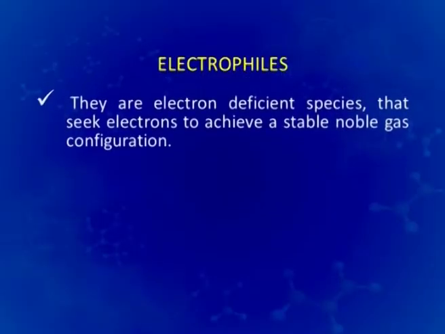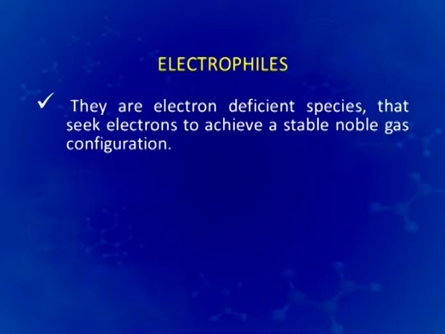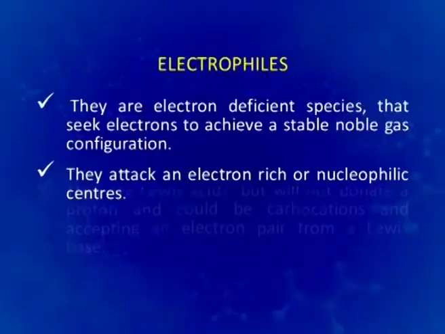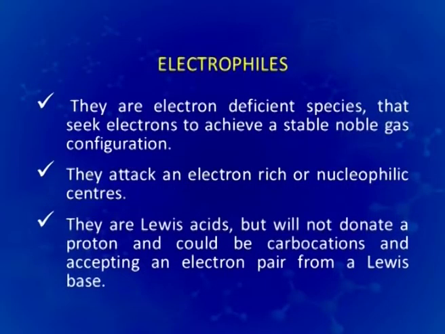Because they are electron loving, they are electron deficient species that seek electrons to achieve a stable noble gas configuration, and they attack an electron rich, or we may say a nucleophilic center. Because they are electron loving, they are Lewis acids, but will not donate a proton, and could be carbocations, accepting an electron pair from a Lewis base.